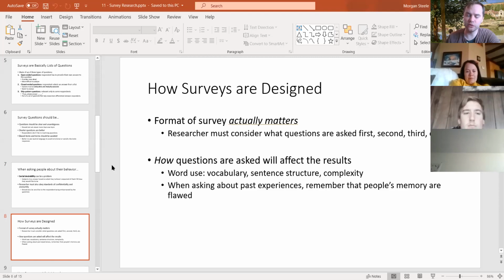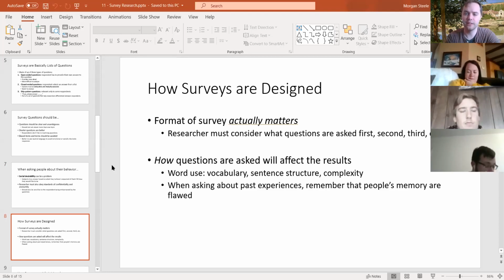Asking a college student their gender identity and giving them the full list, like male, female, trans female, asexual, non-conforming, etc., is going to get different responses than asking that same question to middle school students. You're going to have to ask the question in a different way to get that level of detail.